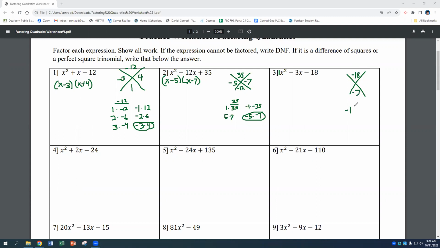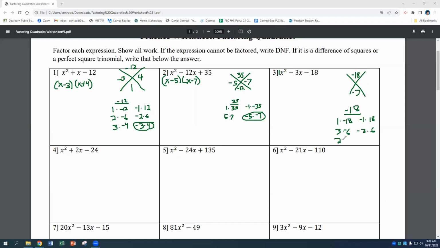So again, for -18, these possibilities could be +1 times -18. Could also be -1 times +18. 3 times -6, or -3 times +6.